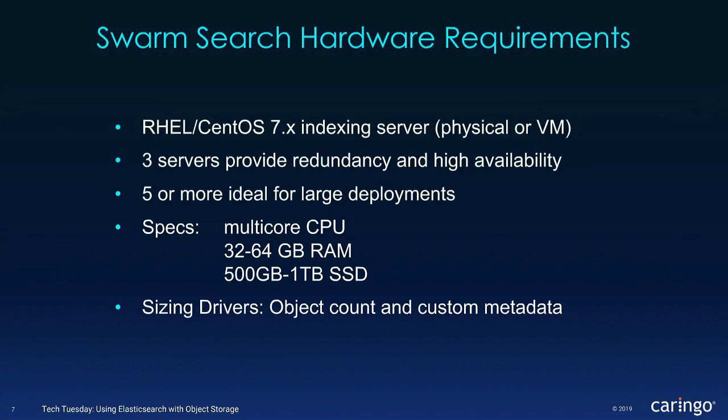They'll have anywhere from 32 to 64 gigabytes of physical memory. Those of you who are familiar with Elasticsearch from other areas know that it is very much a memory-driven application. It likes to have a lot of physical memory, and it's no different here. And then for the shard information, we recommend anywhere from 500 gigabytes to 1 terabyte per server of SSD drive sitting underneath that.